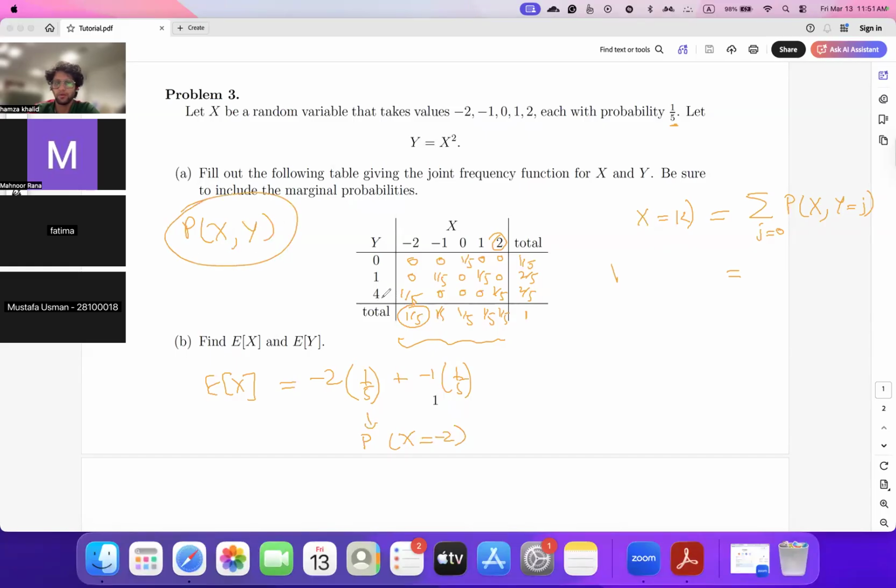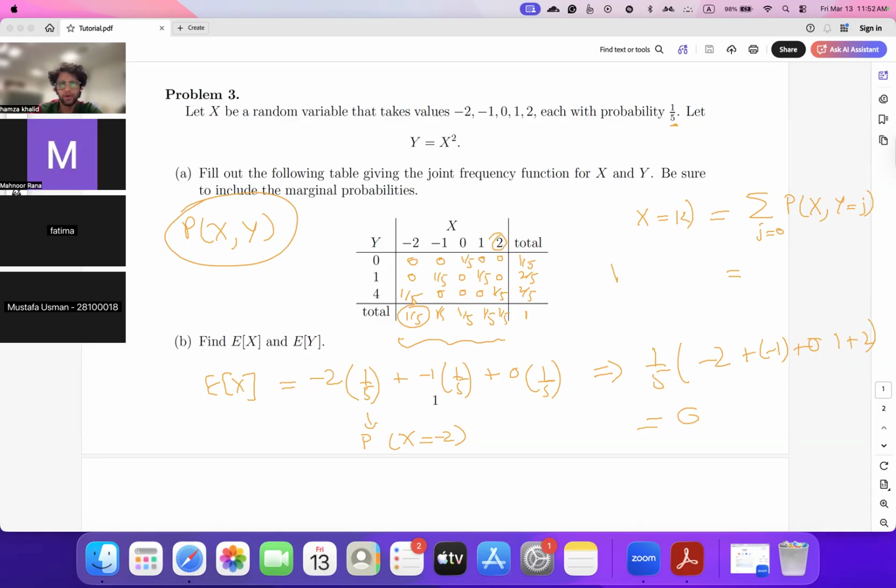Then plus 0 times 1 by 5. The simple way would have been to take 1 by 5 common and add up the values: minus 2, minus 1, 0, then 1 and 2. This gives you 0, because these are just negative 3 and positive 3. So the expectation of X is just 0.